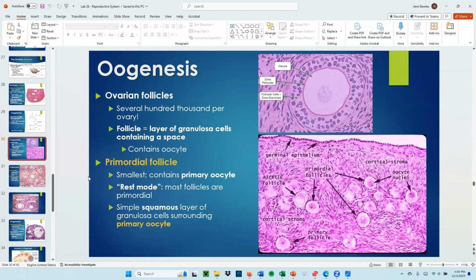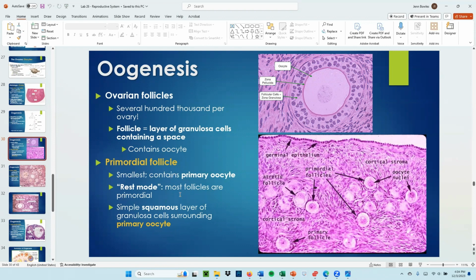The default state for an ovarian follicle is going to be primordial. And this actually all occurs before birth. It is true that the number of eggs in an ovary is determined before birth in the female reproductive tract. What that is referring to is the structure contained within the primordial follicle, and that is called a primary oocyte. Those terms are easy to keep together because they sound similar: primordial goes with primary.